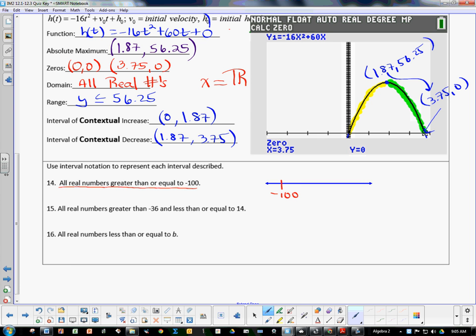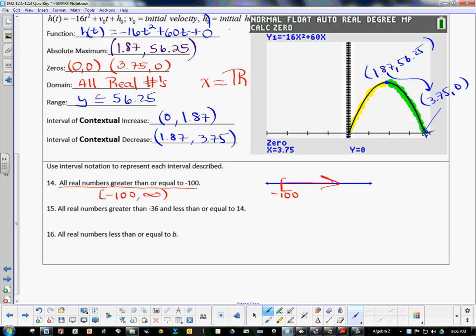Is this including negative 100 or not including? Including, so we're going to use a bracket and it's going to continue to the right. So now we need to write this in interval notation. This is going to be from negative 100, bracket, all the way to infinity, bracket or parenthesis? Parenthesis, very good.